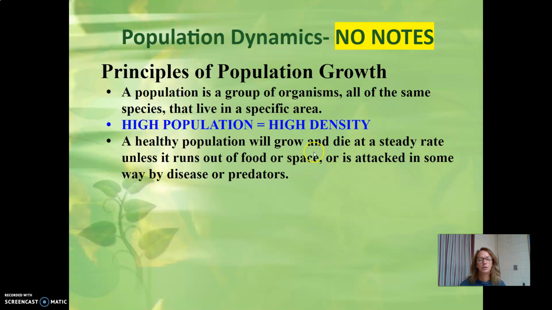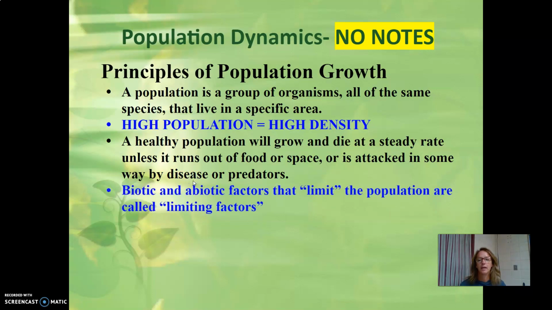Healthy populations will grow and die, and they follow this curve that we're going to talk about. And that happens as long as everything is normal. Sometimes other factors come in there that will make a population bust. So we're going to talk about that. And the factors that create healthy and a busted population are either biotic or abiotic factors.